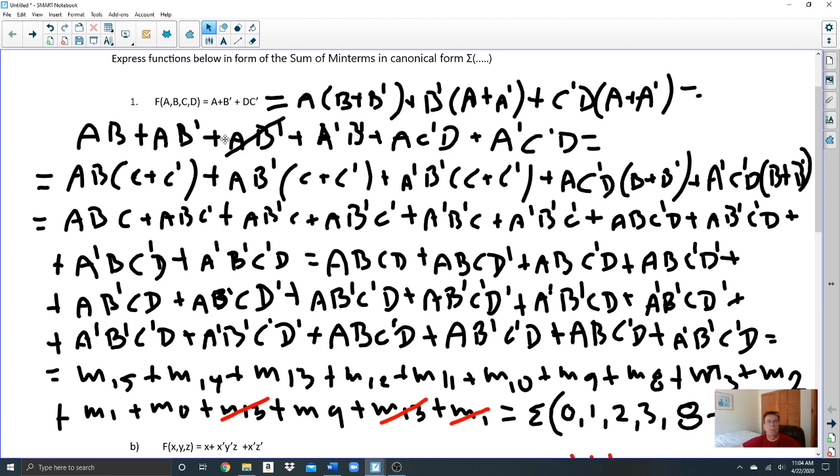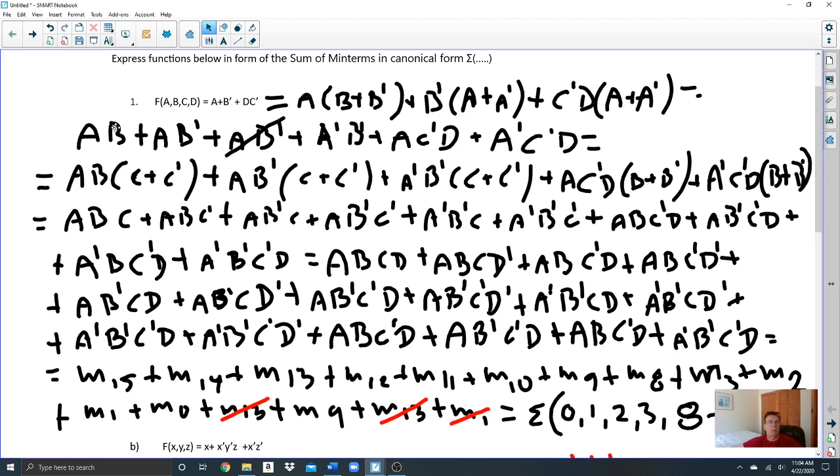As you see, this ab prime and ab prime are identical terms, so we're going to cancel one term. We don't want to expand both of them into identical minterms. It doesn't make sense. Okay, so c prime d right here, we're expanding by multiplying into a times c prime d and a prime c prime d.